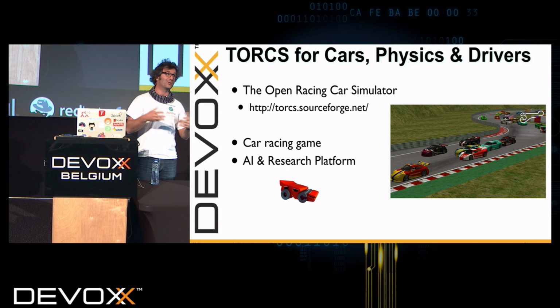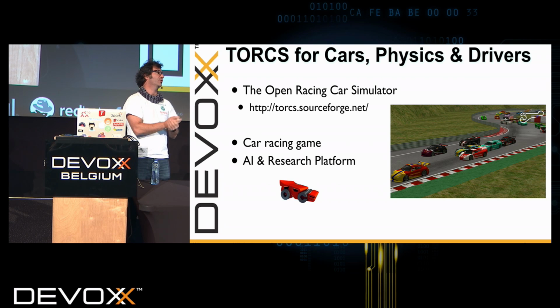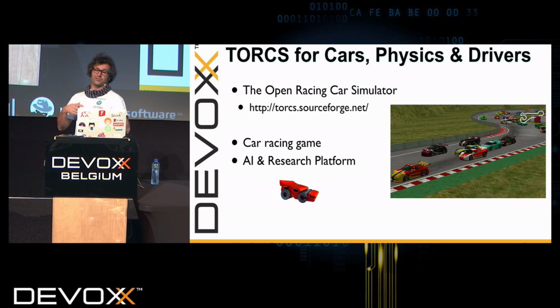I didn't test it, but more importantly it could be used as a simulator that automatically generates races, cars and behavior on a specific track. And it's used quite a lot by people who want to understand and simulate physics for racing cars, like speed, Gs, and so on. So this is what has been used for this demonstration.